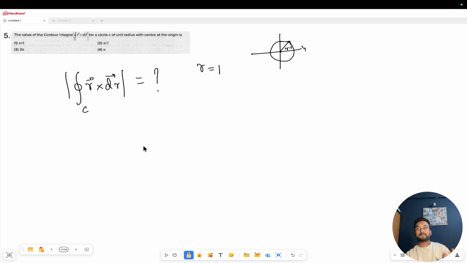Now whenever you do a cross product of two vectors, you get the area, and they are asking for that area's integration over the whole contour.